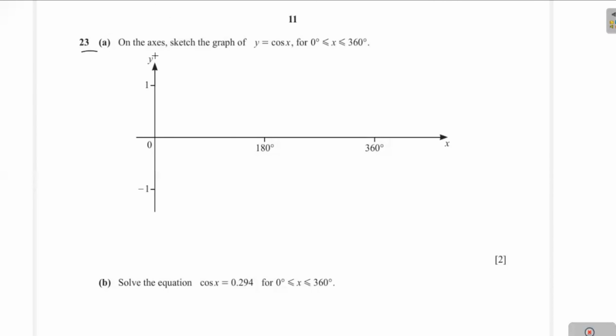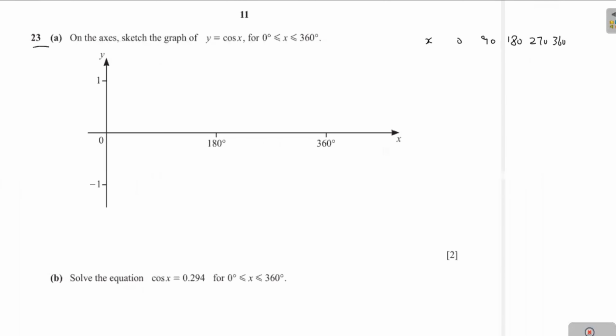Question 23, part A, on the axis sketch the graph of y equal to cos x for values of x between 0 to 360. To draw the graph, we will take some values of x: 0, 90, 180, 270, and 360.